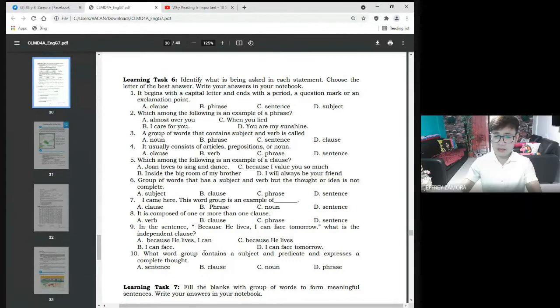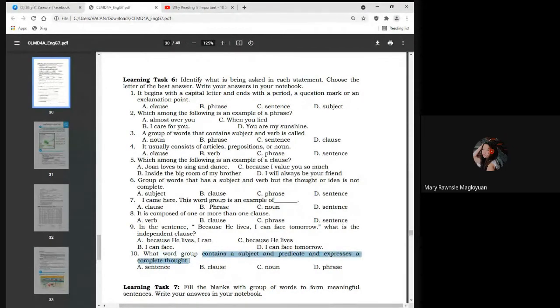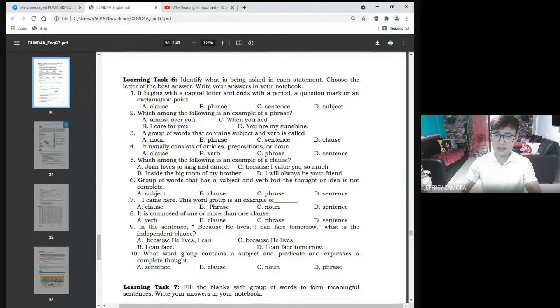Sentence. Ha? Ang phrase kasi, merong nawawala. Ay hindi siya complete. So the correct answer is letter A. Talagin natin tandaan yan.